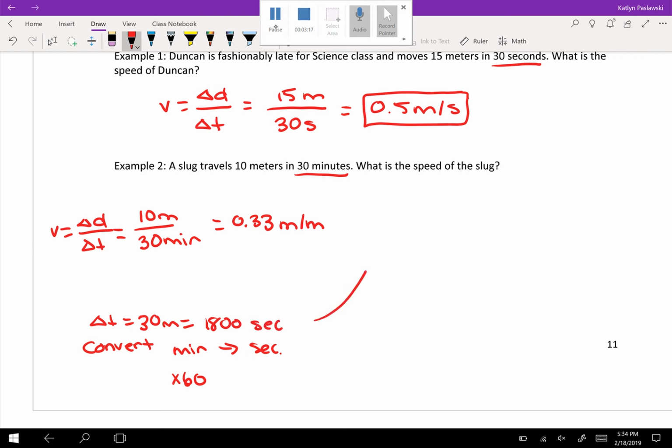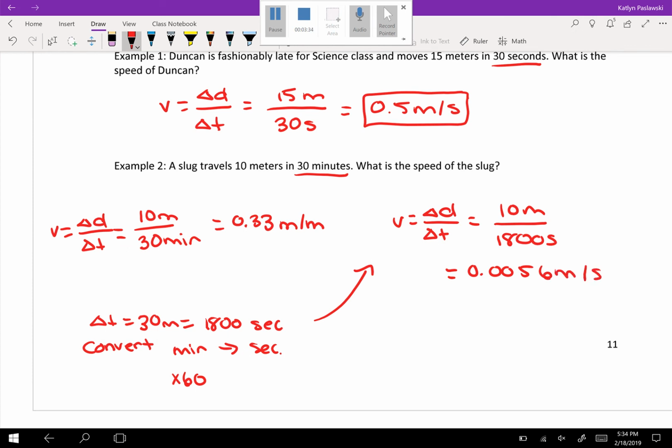So another way we could calculate it, speed is equal to the change in position over the change in time. The change in position is 10 meters divided by 1800 seconds to give us 0.0056 meters per second. So those are 2 ways that we could see that question. Depending on what it asks us, that may vary. This one it didn't, so I provided both.